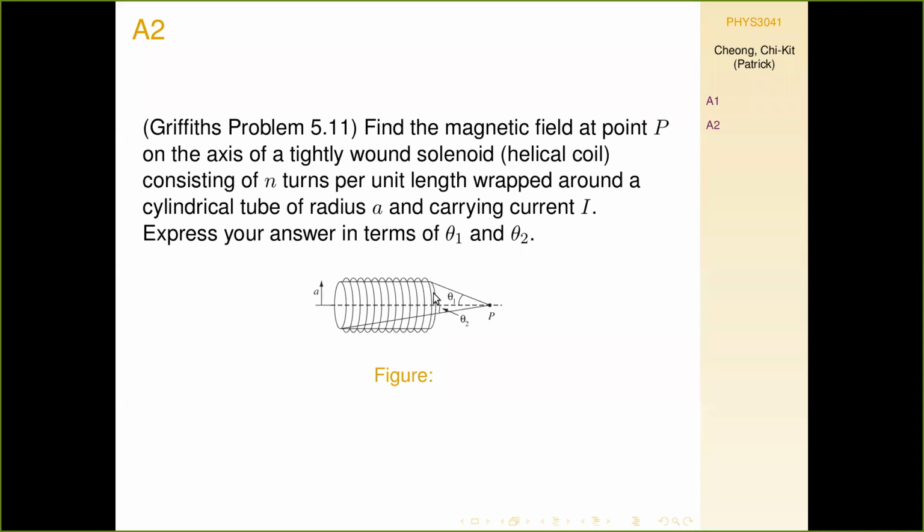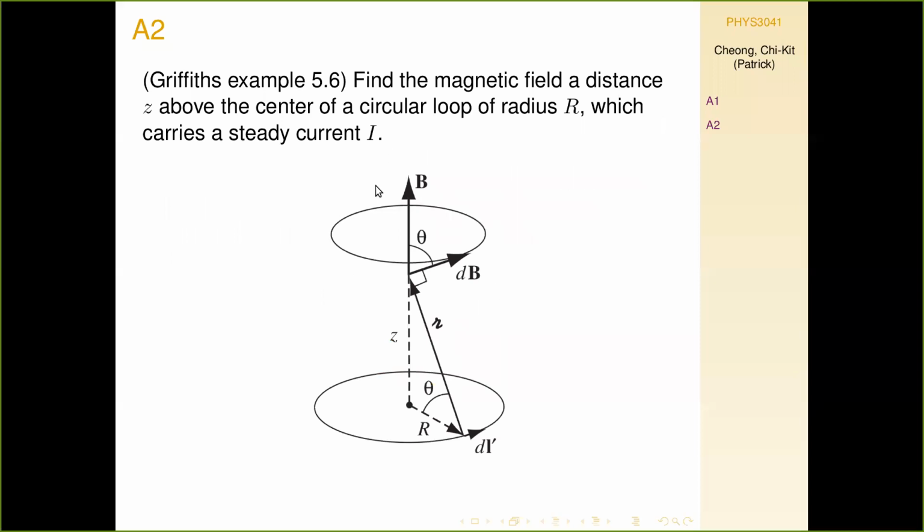So now, to deal with this complicated problem, we can first focus on another simpler problem. As shown here, this is an example in Griffiths 5.6.